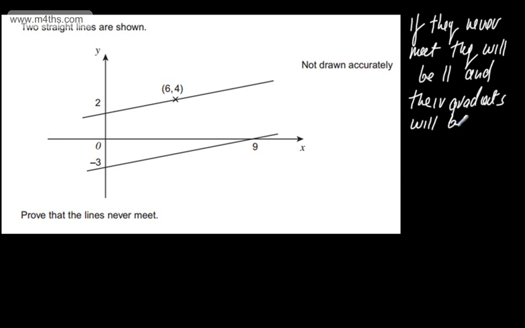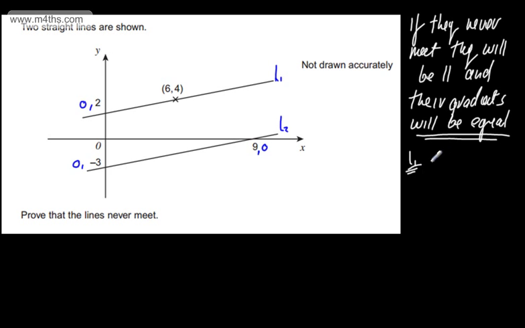So this is my opening line, and I'm going to go ahead and try to show that they have equal gradients. I'm going to call this one L1, so that's line 1, and this one L2. Just completing the coordinates, (0, 2), (0, -3), and (9, 0). So let's now think about line 1.